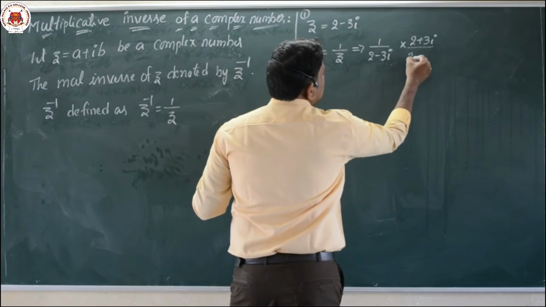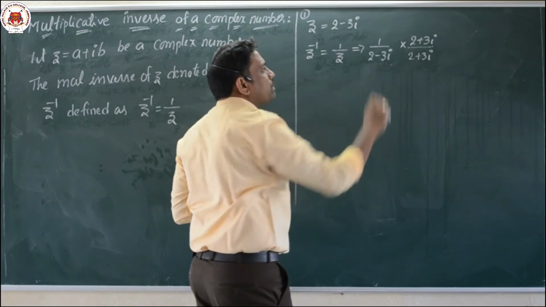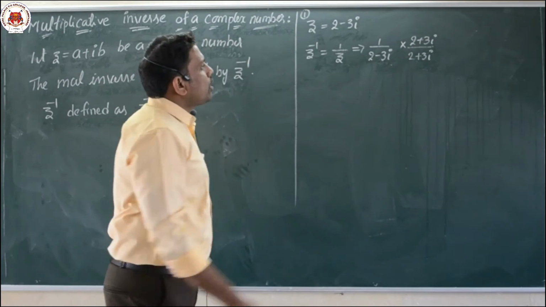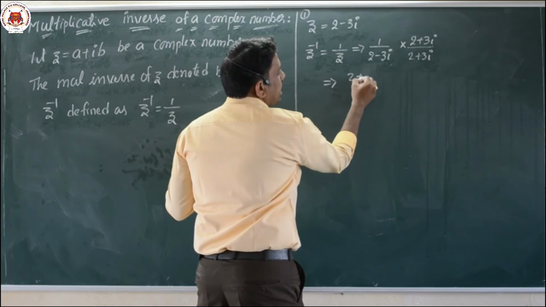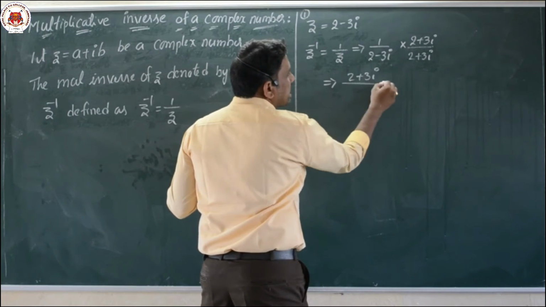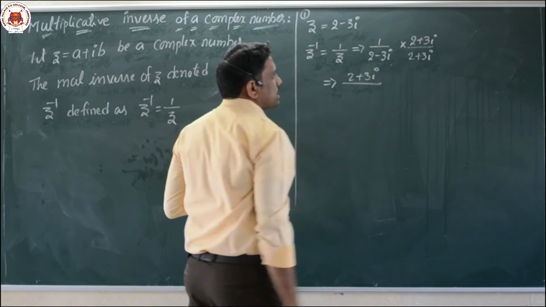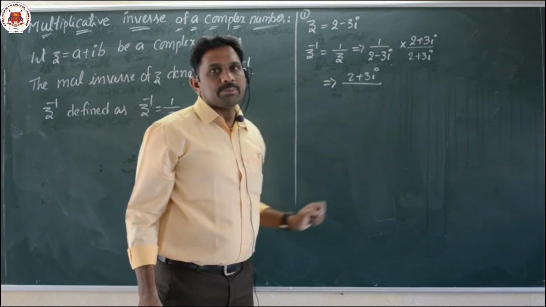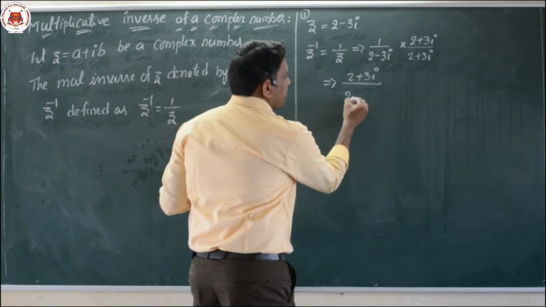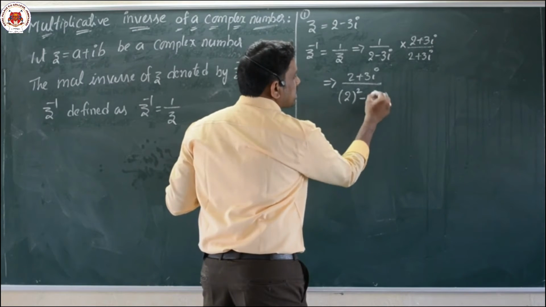Rationalizing means change the sign of i and multiply the numerator and denominator. Now if you multiply, 1 into 2 plus 3i is 2 plus 3i. The denominator is in the form of a minus b into a plus b, and we know the formula gives a square minus b square.